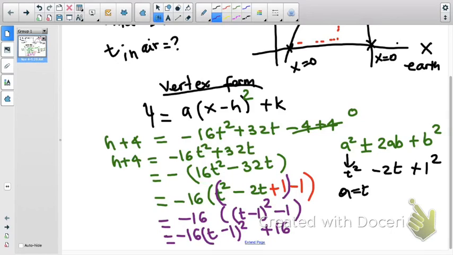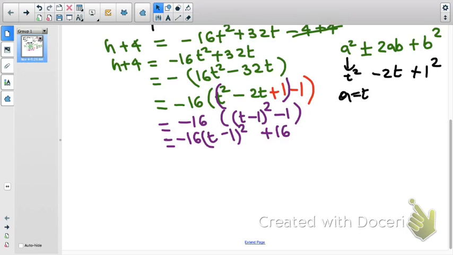Okay. And if we get back to our initial equation, we have h, and we subtract 4 on both sides.